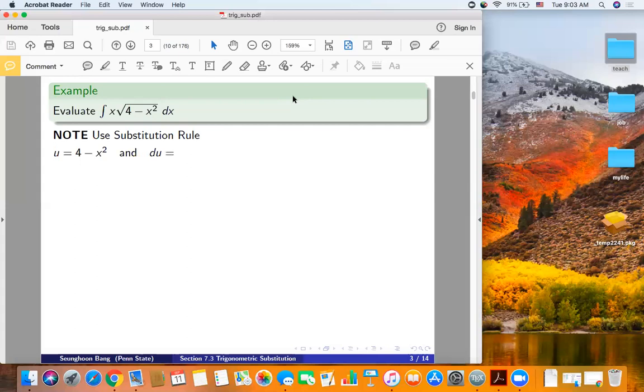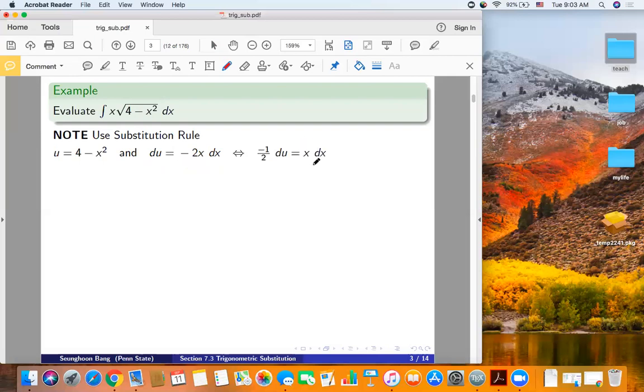The 4 prime equals 0. Negative x squared prime is negative 2x dx. You can divide both sides by negative 2. So we have minus 1 over 2 du equals x dx.